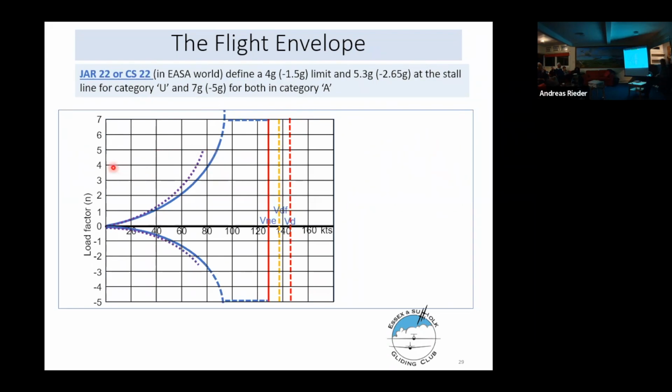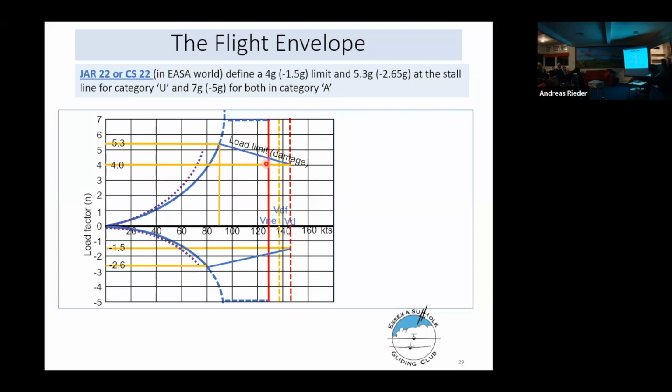So 4G at the design speed, VD, 5.3G at the stall line. So I'll just draw those in. There's 5.3 and 4, and there's a line joining those two points.